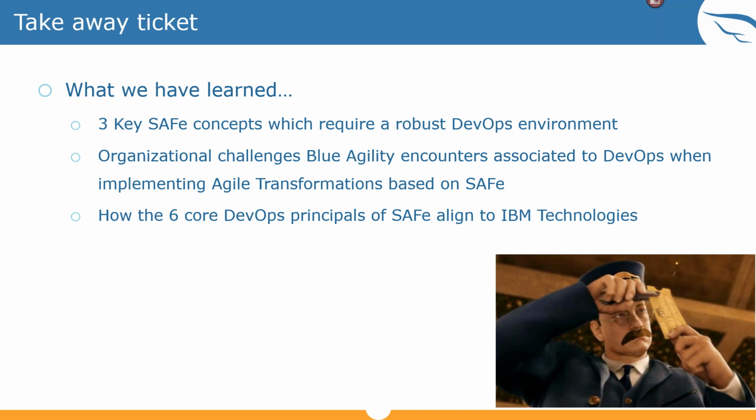We talked about some of the organizational challenges that Blue Agility sees, and I'm sure many organizations that do what we do see when we're implementing these transformations based on SAFe.